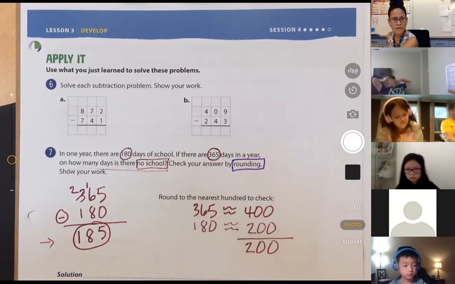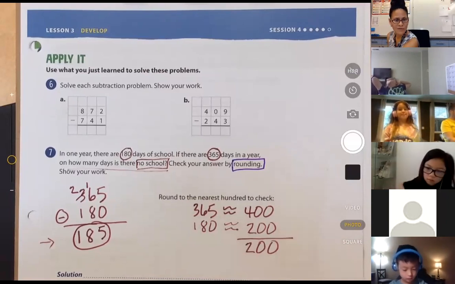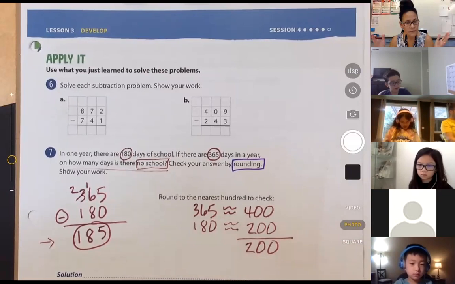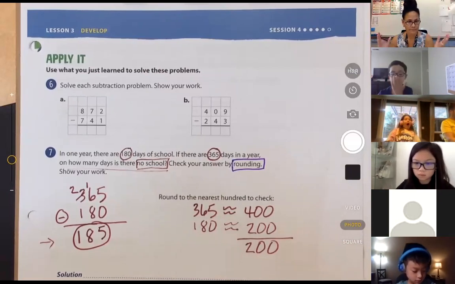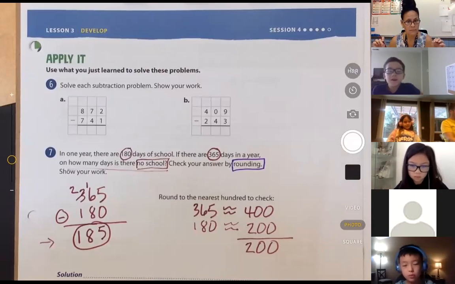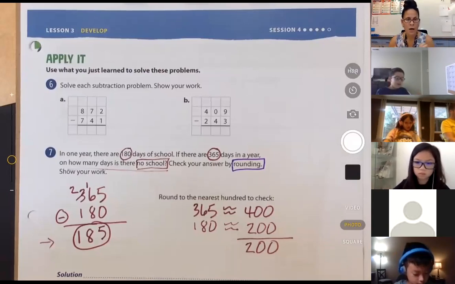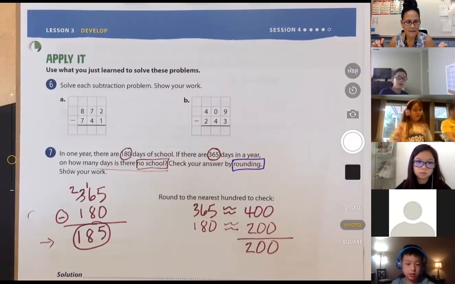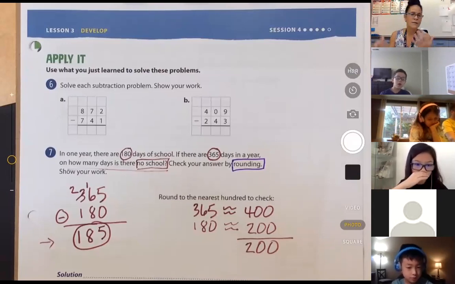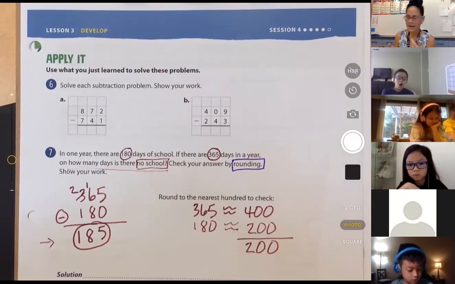So when I'm going to check my answer using my rounding, I'm checking for what we call, this is a long word, reasonableness. I'm going to say that one again. Reasonableness. That's what I'm doing when I'm rounding. I am checking the reasonableness of my answer.